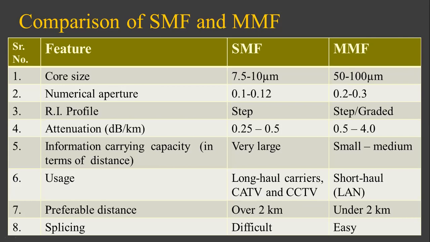And the preferable distance for deploying the cable is over 2 kilometer here, but under 2 kilometer here. And splicing, the task of connecting two fibers, is called splicing. Splicing in case of SMF is very difficult, whereas splicing in case of MMF is easy. So these are the comparative features of SMF and MMF.